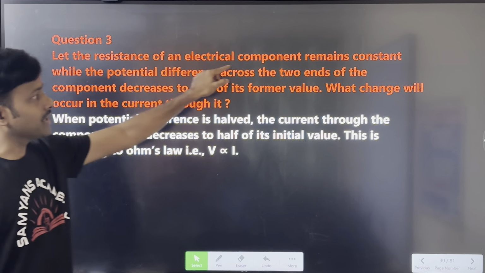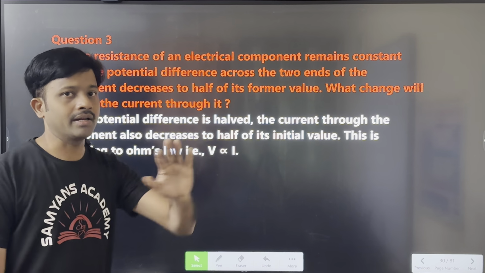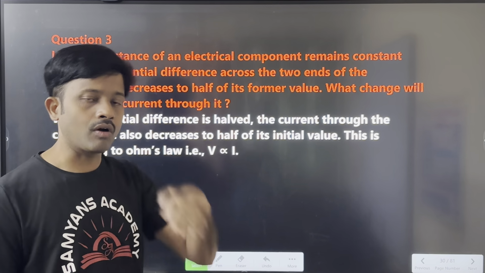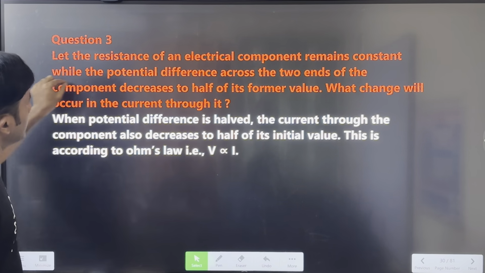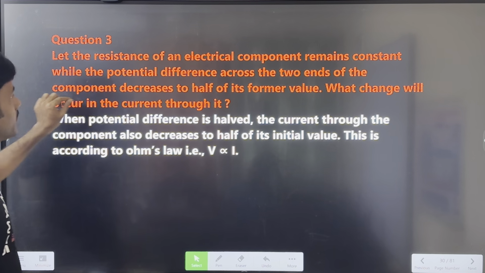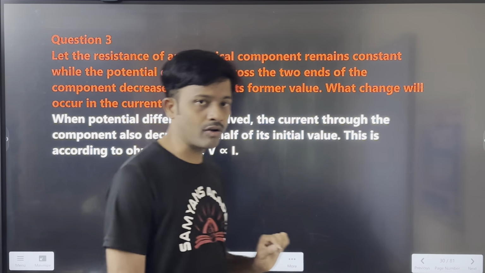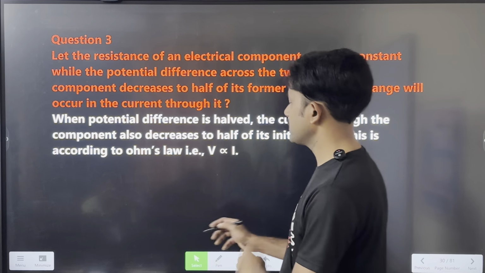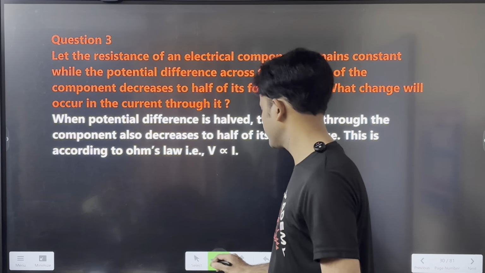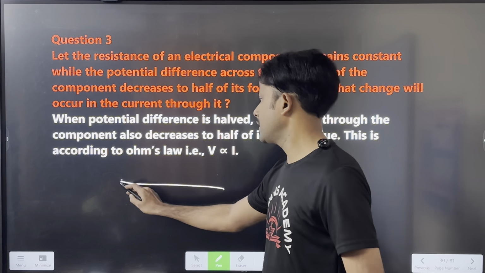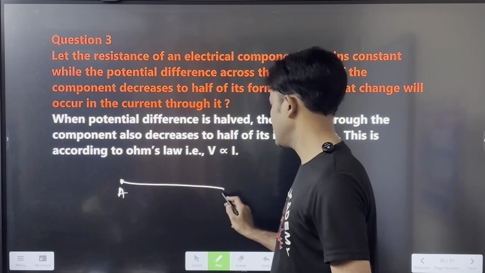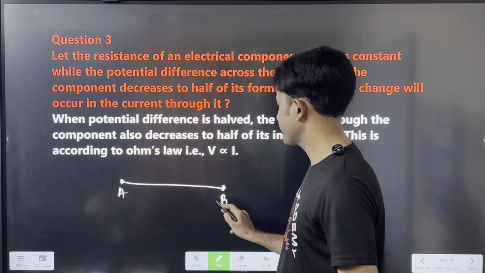Let the resistance of the electrical component remain constant. Here resistance is not changing, resistance value is constant, right? While the potential difference across the two ends of the component decreases to half. Already we discussed, according to Ohm's law, potential difference across two ends of the conductor. Suppose this is a conductor, it has ends A and B, right?